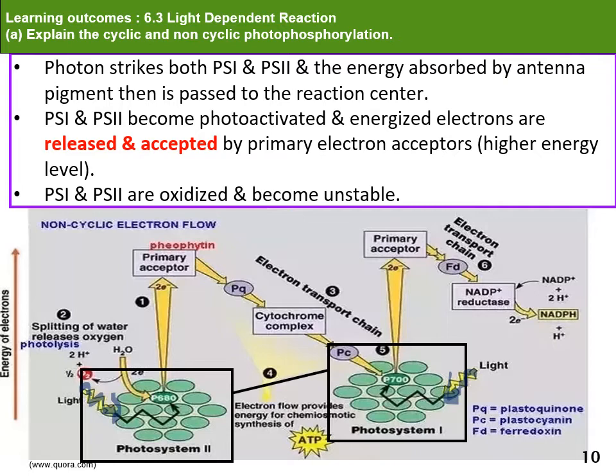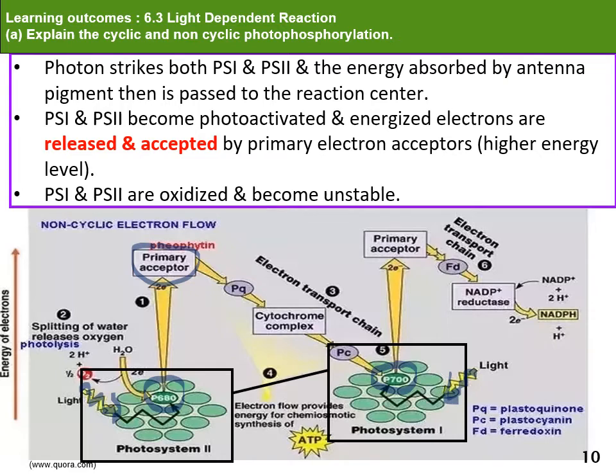Okay, so bila sampai kepada reaction center akan berlaku proses photoactivation. Okay, PS1 and PS2 become photoactivated and the energized electrons are released. Okay, energized electrons are released and accepted by the primary electron acceptor.